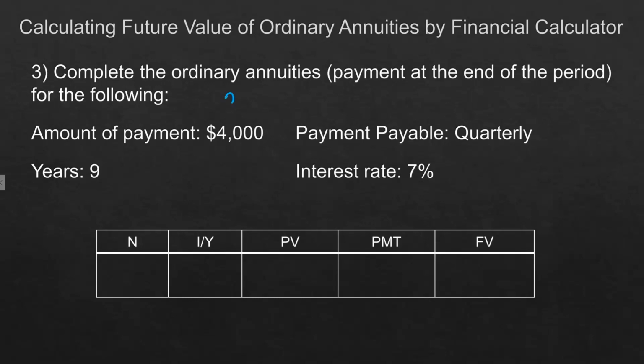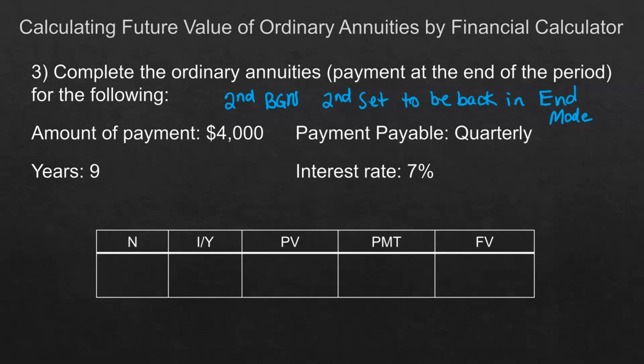So remember, we just go second begin, second set, to be back in end mode. Just be on the lookout for that, and it'll be clear on your calculator when it's in begin mode because you see it right there on your screen.